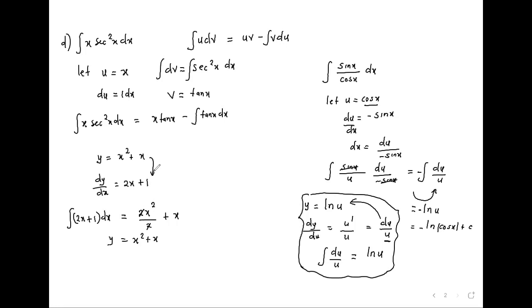Okay. We are saying that if the forward takes you to this, then the reverse must take you to the question. So if from ln u, when we differentiate, we get u prime over u, which is du over u, then when we integrate, we must get ln u.